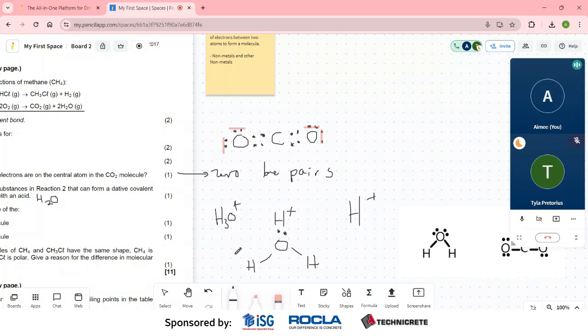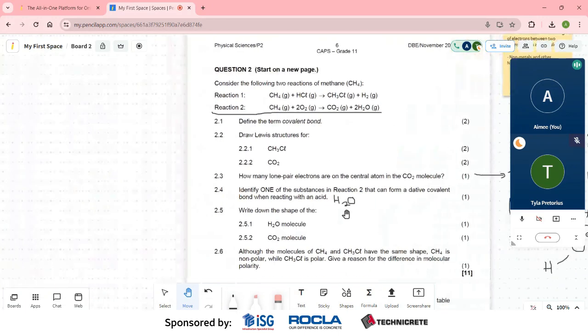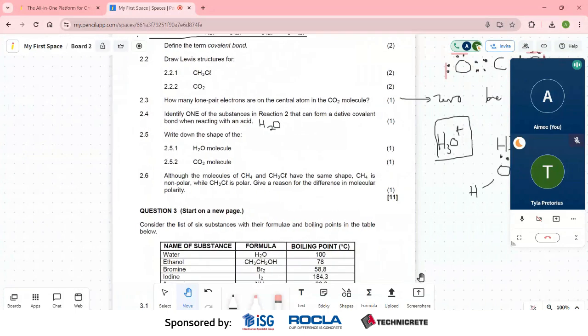So because H2O is capable of sharing its lone pair of electrons that both originally belong to it, with a hydrogen that has no electrons to offer, it is capable of forming a dative covalent bond to give you H3O positive, which is why I said that the substance capable of forming a dative covalent bond is H2O, because H2O accepts an H positive to become H3O positive. Okay, now we go to question 2.5.